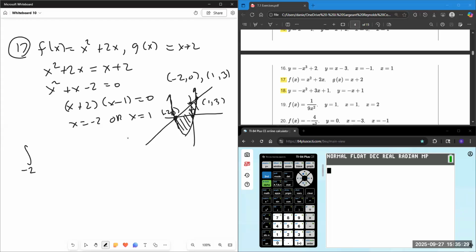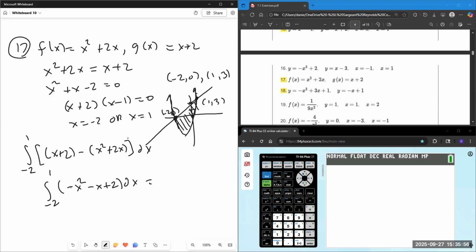So -2 to 1 of x plus 2 minus x squared plus 2x. That's opposite order of subtraction from what I had up here. So that's -2 to 1 of negative x squared minus x plus 2 dx, which is negative x cubed over 3 minus x squared over 2 plus 2x from -2 to 1.